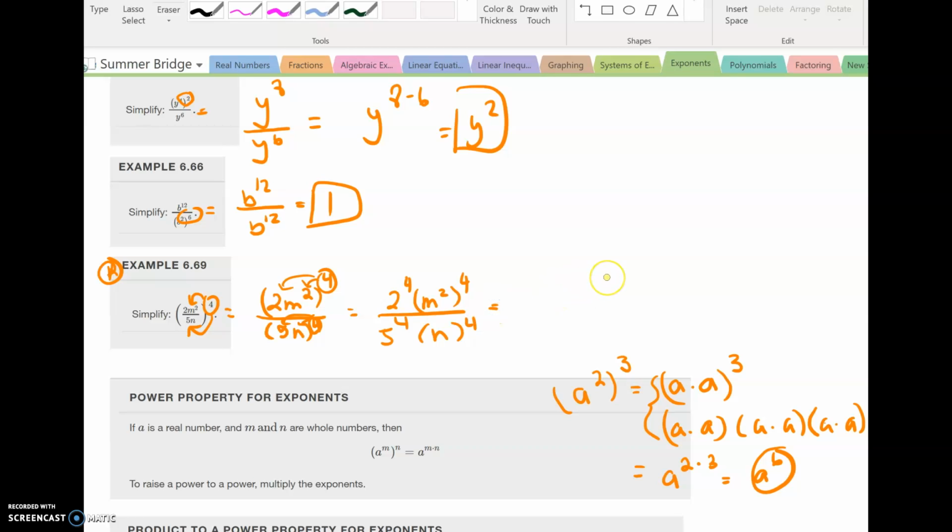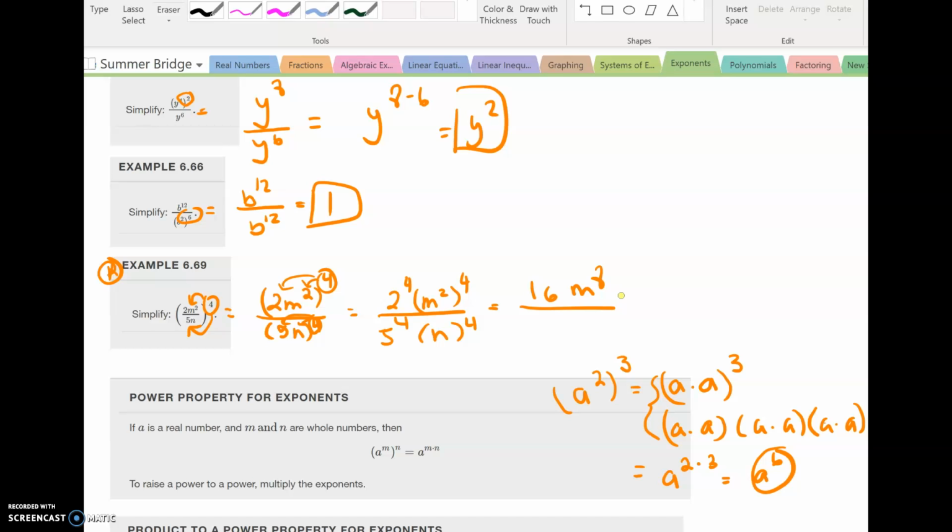So 2 to the 4th power, 2 times 2 is 4, 4 times 2 is 8, 8 times 2 is 16. And then we multiply 2 times 4, which is 8. And then we have 5 to the 4th power. And I'm not even going to pretend to be able to do that. I know 5 times 5 is 25.